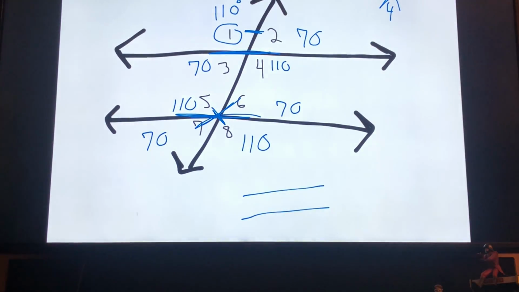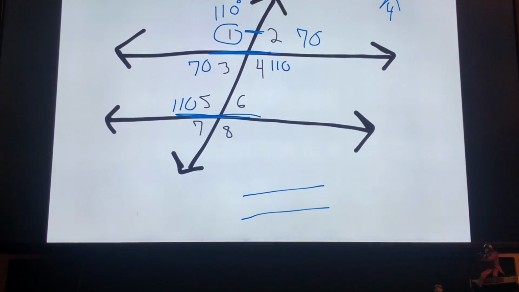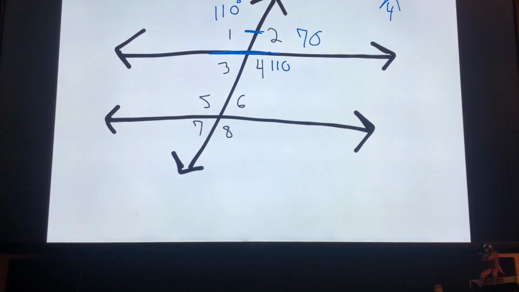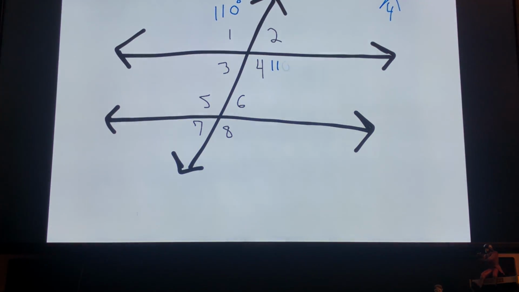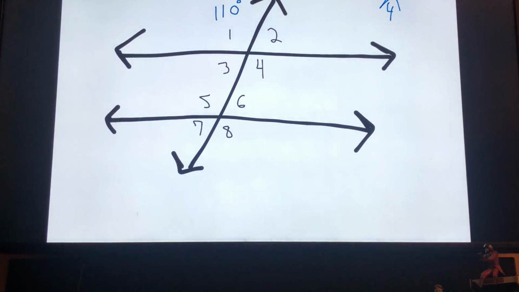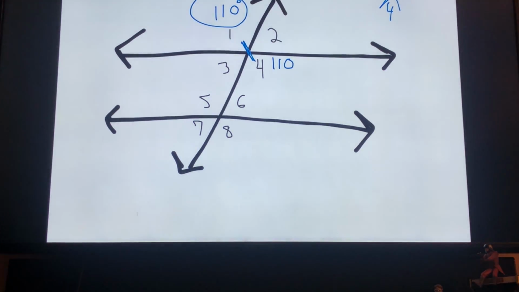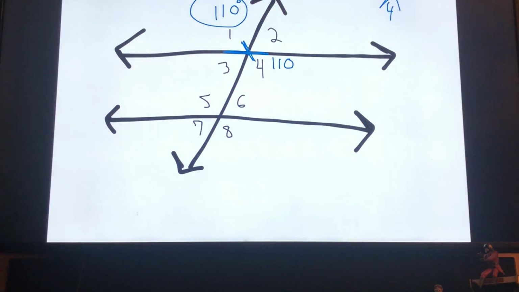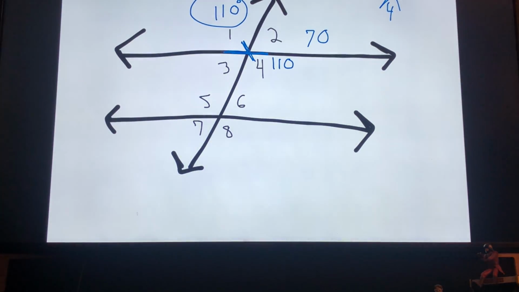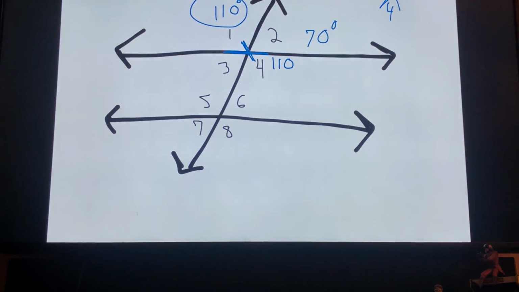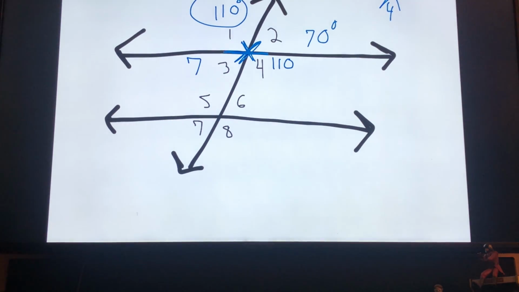So let's take it back one more time just so you guys are getting a feel of what I said. Alright, we were given 110. 1 and 4 share the same, so that should be 110. 1 and 2 are supplementary, means 180, so I subtract 180 minus 110, that gives me 70. 2 and 3 should be the same, 70.